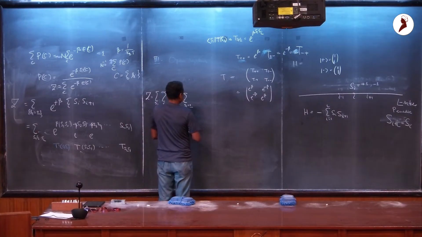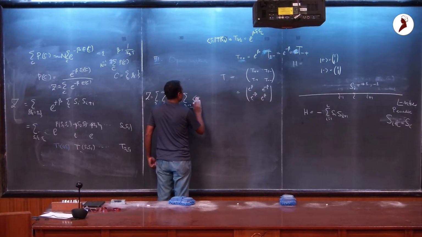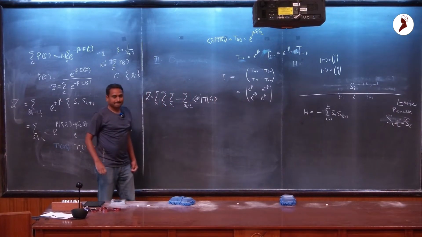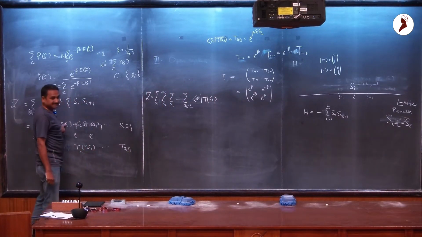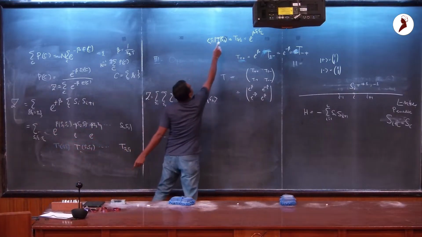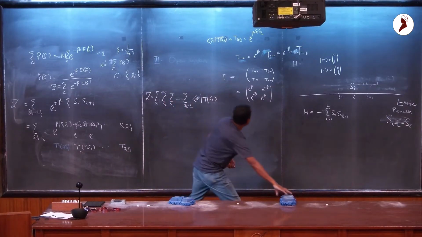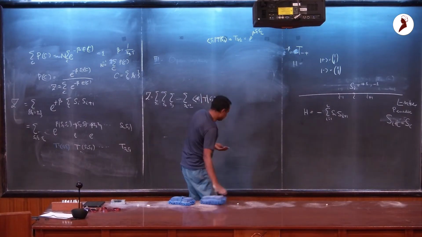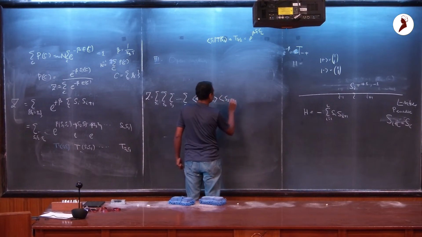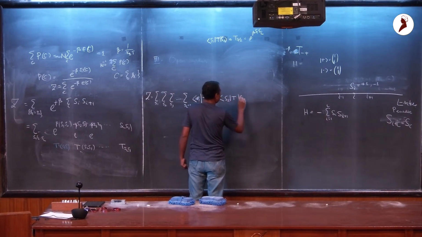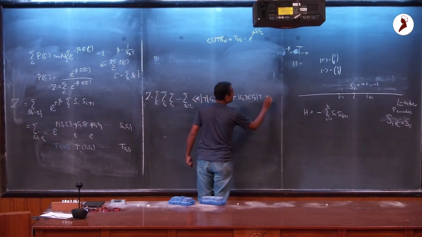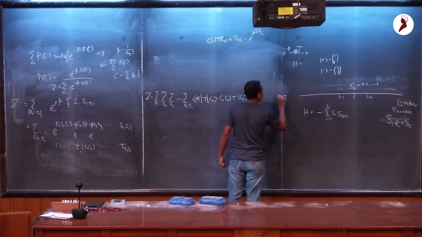The first term is T S1 S2, which by definition is S1 T S2. The next term will be S2 T S3, then S3 T S4, like that. And the final one is SL T S1.